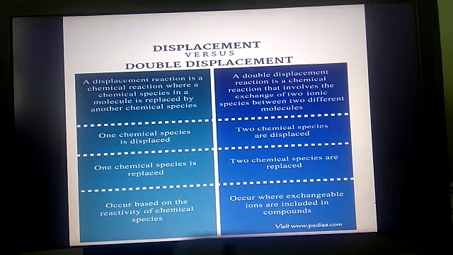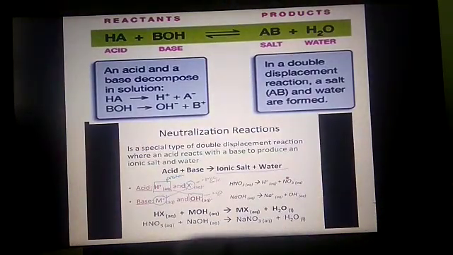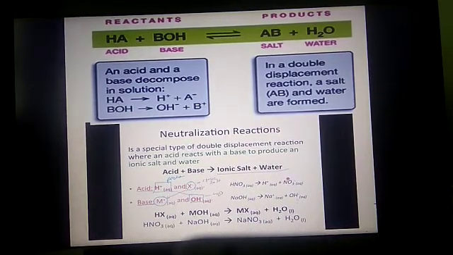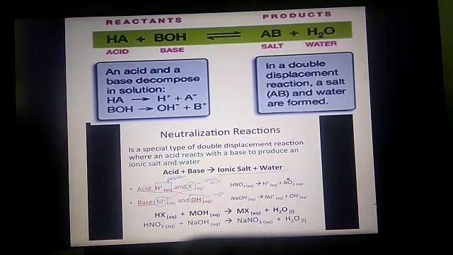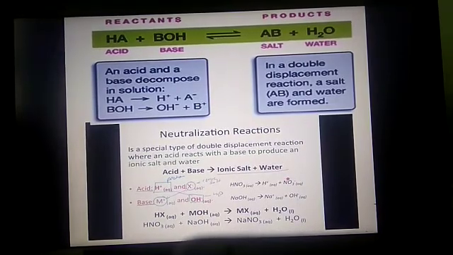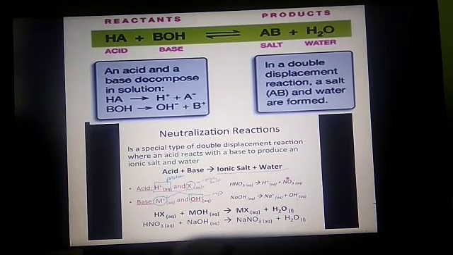So it occurs based on the reactivity of chemical species, and here it occurs where exchangeable ions are included in compounds. See here, reactants and products: acid and base give salt plus water. In a double displacement reaction, a salt and water are found.